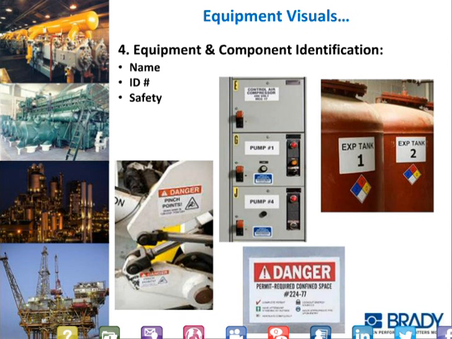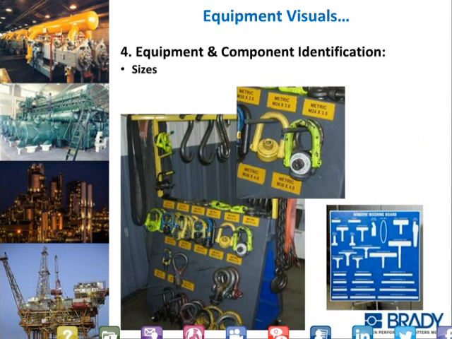Many plants are used to the different hazard and danger symbols, but let's start naming the equipment so we all call it the same name. It's also useful if you've got a changing or revolving workforce, new people coming in, a rotating workforce because of skill shortages, maybe contractors coming in to label your equipment.